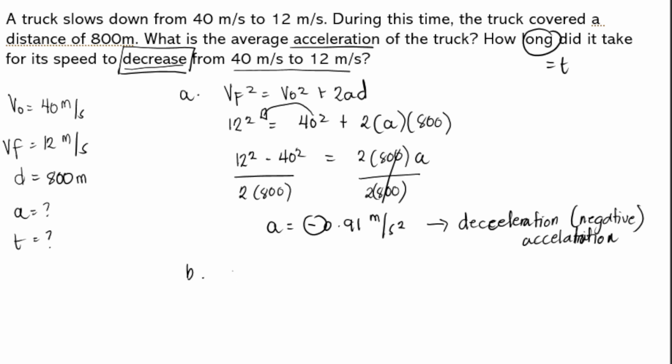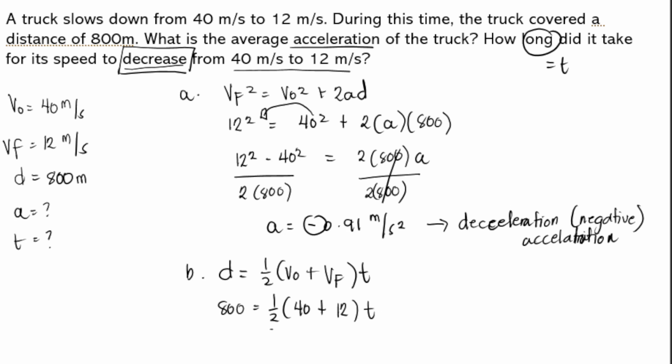We could use this equation: d equals 1/2 times v naught plus vf, multiplied by the time. So 800 equals 1/2 times 40 plus 12, which is our final velocity, times the unknown time.